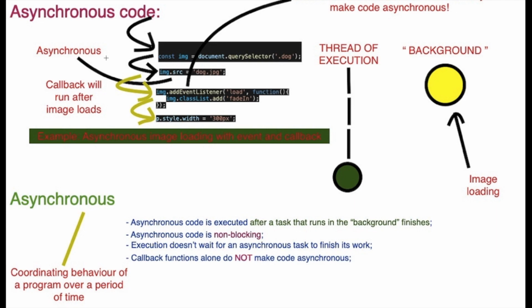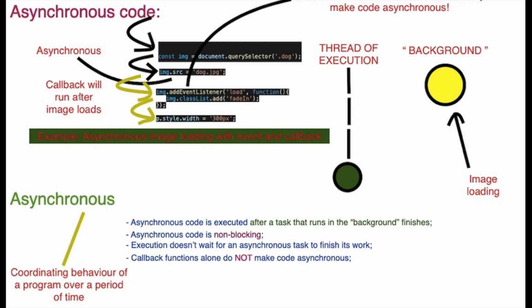Now once the image has finished loading, a load event will automatically be emitted by JavaScript. And so we can then listen for that event in order to act on it. Listening for the load event is exactly what we do in the next line as well. Here we use addEventListener to register a callback function for the load event. Just like in the previous example, we provide a callback function that will be executed once the image has been loaded and not right away, because again all this code is non-blocking.